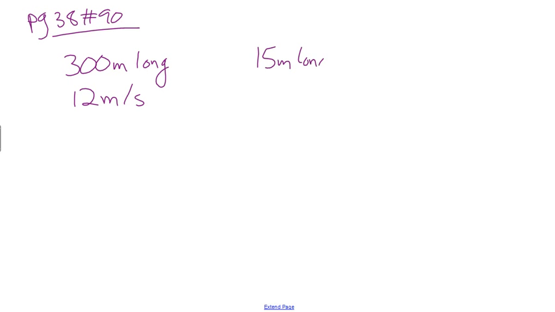At what speed should the model be tested to the nearest tenth of a meter per second? So we have 300 meters long, 12 meters per second, and we want the model to be 15 meters long, and how fast should it travel?